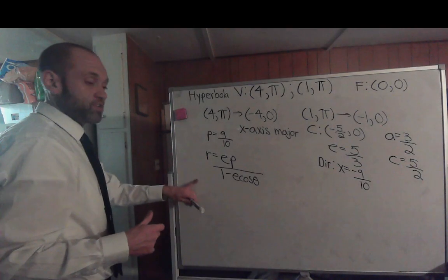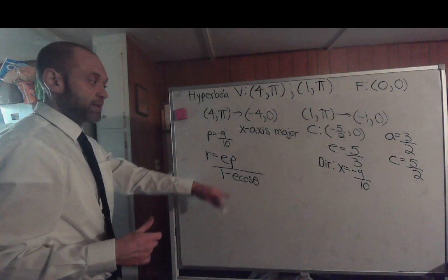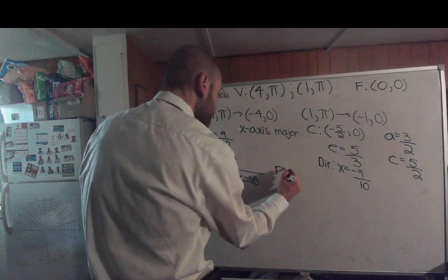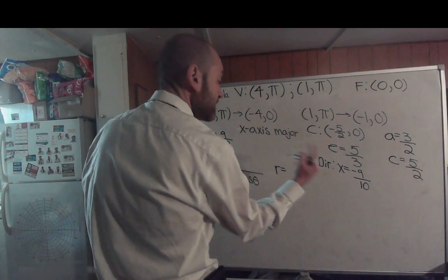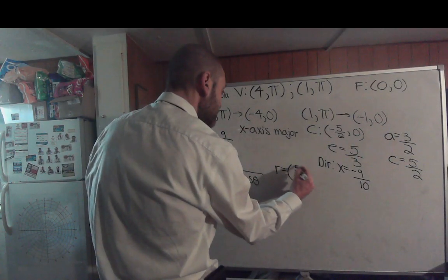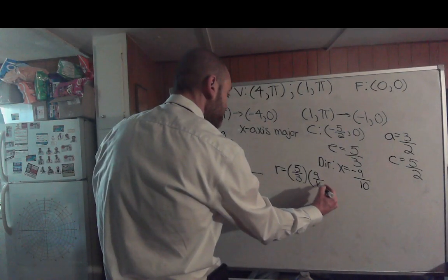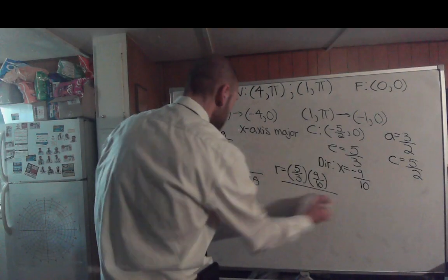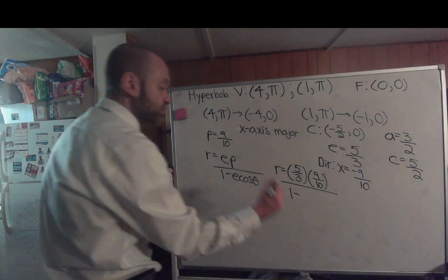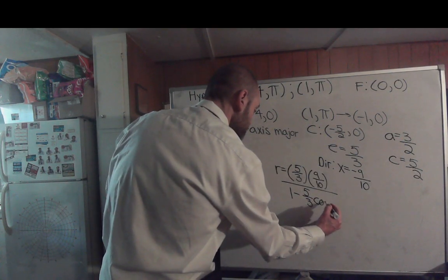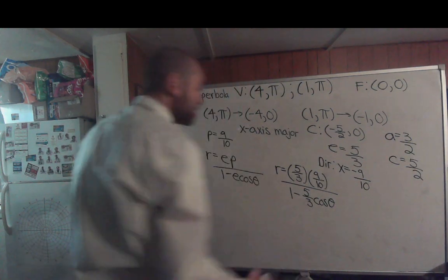Now we have sufficient information to plug all this information into this equation and find the equation. So R equals that E, which is 5/3, times the P, which is 9/10, all over 1 minus your eccentricity of 5/3 times the cosine of theta.